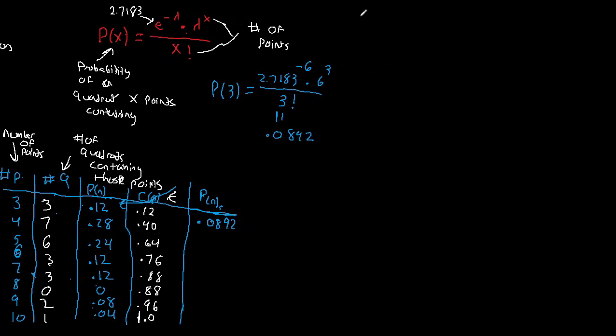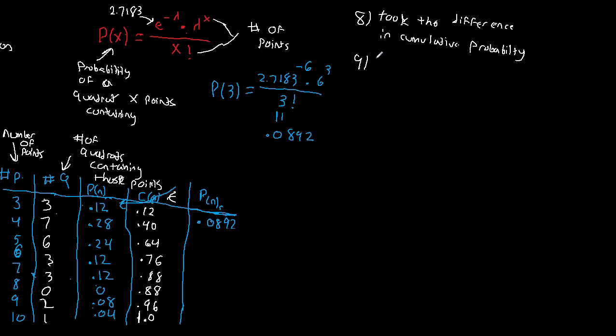So the next thing that we did was we took the difference in cumulative probability. That was the thing that we just did in Excel, where we took the difference between the cumulative probability of what was expected and the cumulative probability of what was observed.